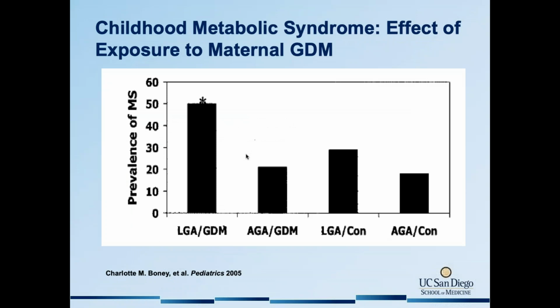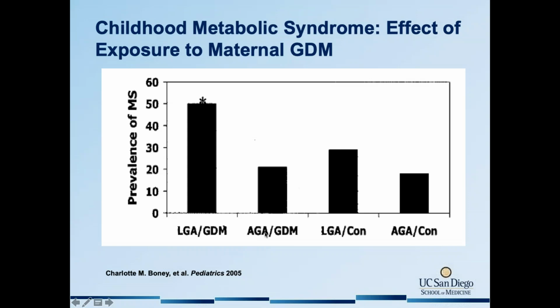This was a prospective study done by Dr. Boney, published in Pediatrics in 2005, that sought to look at the effects of gestational diabetes on the neonates as well as the mothers. And I will show you the data about the mothers later on. But as you can see, in pregnancies where there was gestational diabetes and that infant was born large for gestational age, the prevalence of metabolic syndrome in those children, and these are children aged 6 to 12, was about 50%.